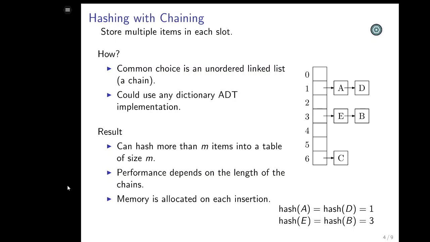So this is where I have a linked list associated with the location in the hash table where I'm storing items, and when I put something in, it goes into that linked list.